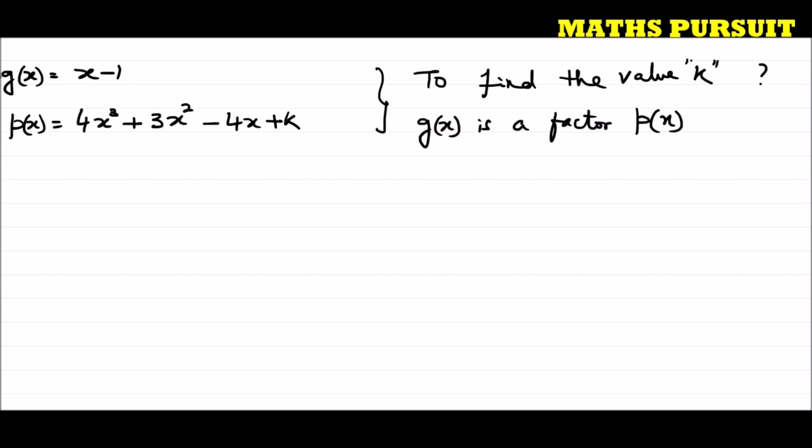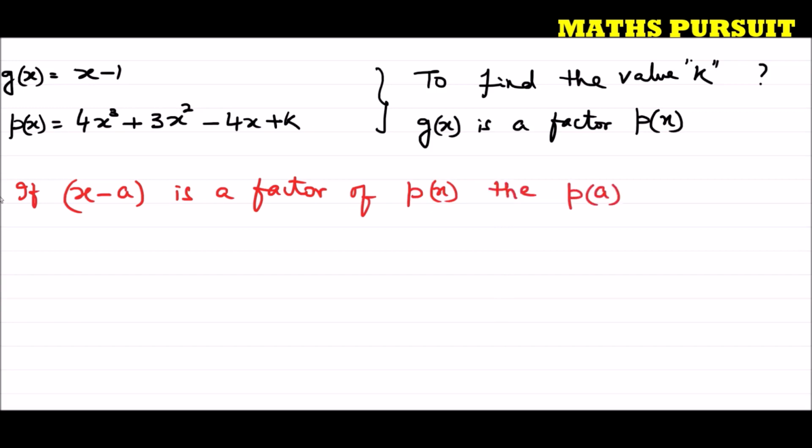We know that as per the factor theorem, if x minus a is a factor of p(x), then p(a) is equal to 0.